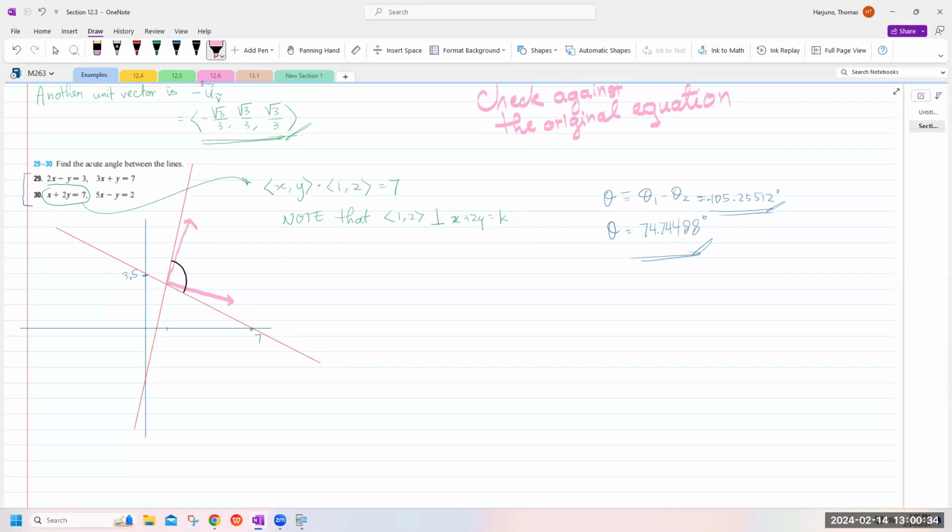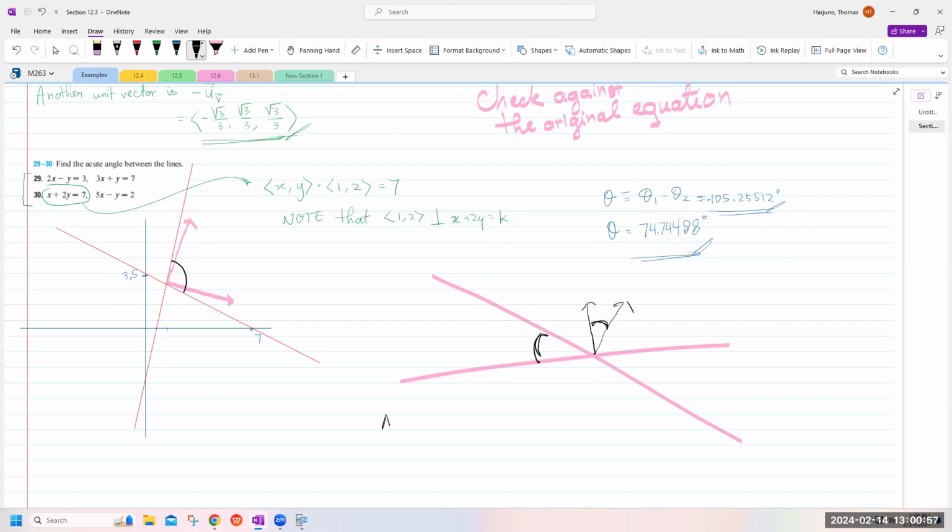Okay. Just imagine that if you have two lines, right? And then you look at the perpendicular vectors. This is the vector perpendicular to the first one, and this is the vector perpendicular to the second one. Notice that the angle here must be the same as the angle here.